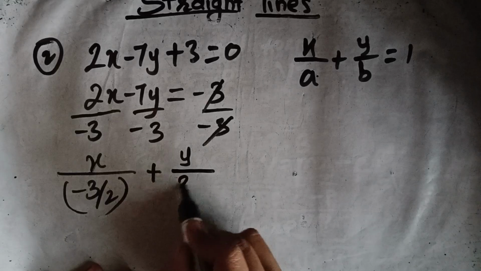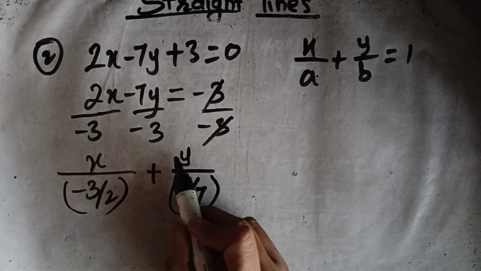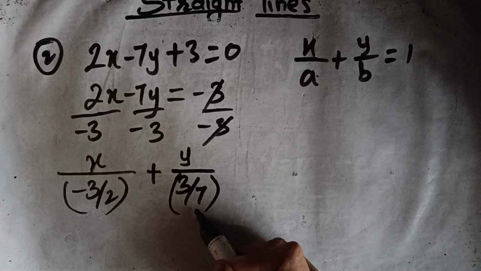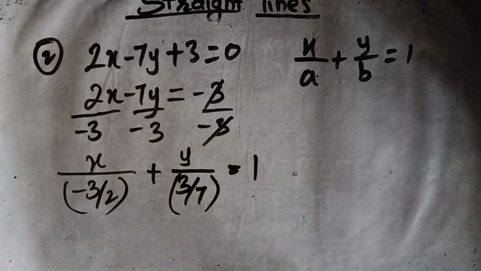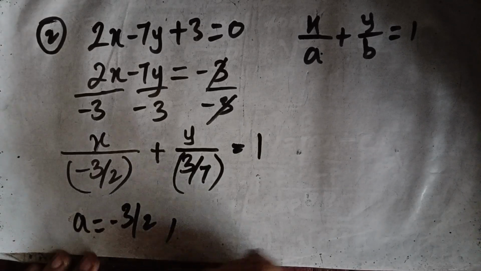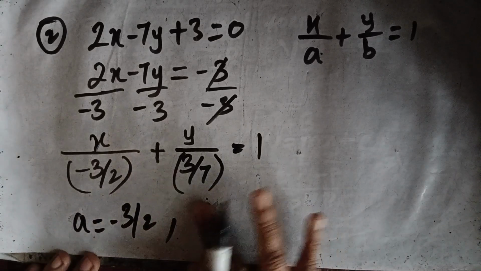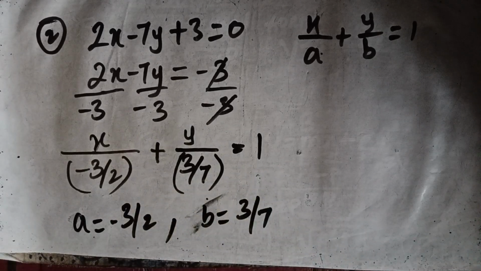On 3 by 7, you have to make it plus. This negative sign you can take for the denominator if it doesn't cancel. Okay. So the value of A, the x-intercept, is minus 3 by 2, and the value of B, the y-intercept, is 3 by 7.